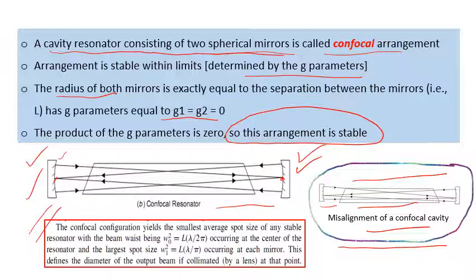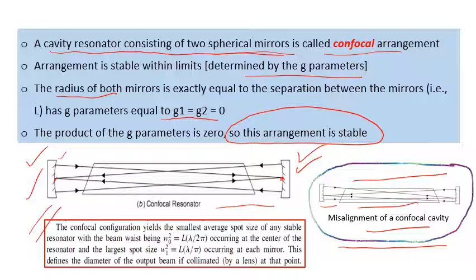The confocal configuration yields the smallest average spot size of any stable resonator. Spot size के बारे में हम पहले पढ़ चुके हैं. The waist, okay. The same thing, I mean, it's linking these things. The confocal configuration, what does it yield?